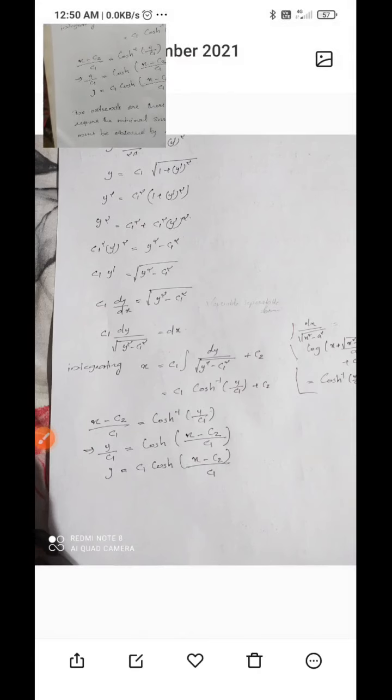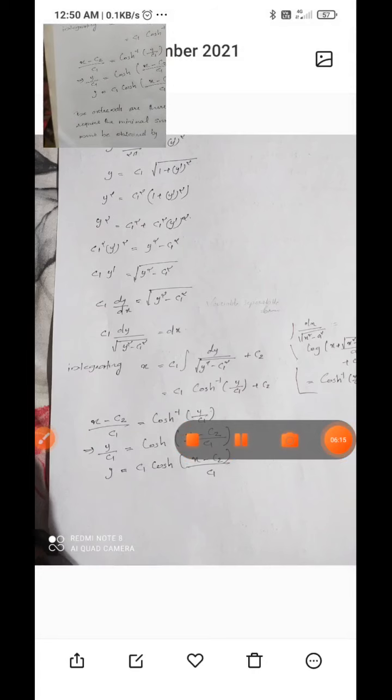Then y is equal to c1 cosh of x minus c2 by c1. The extremals are therefore catenaries, and a minimal surface, if it exists, must be obtained by revolving the catenary. This is the answer of the example.